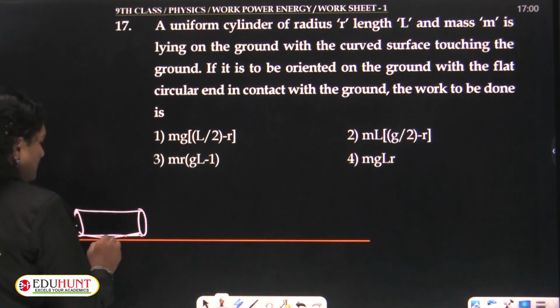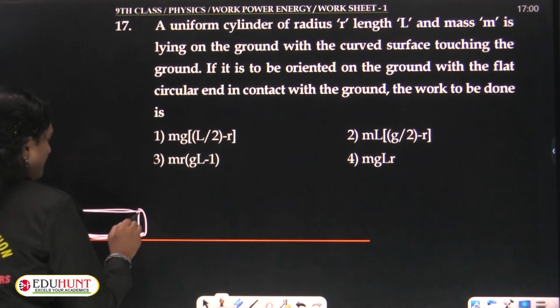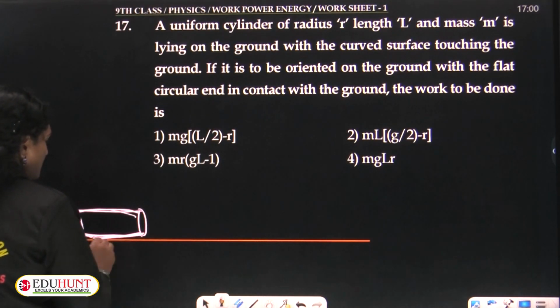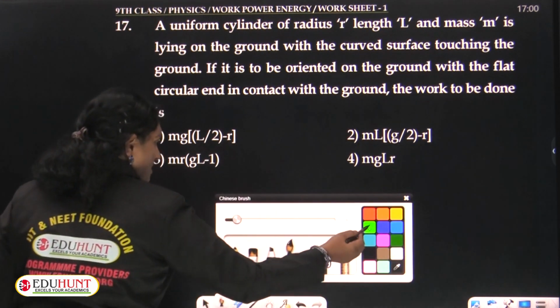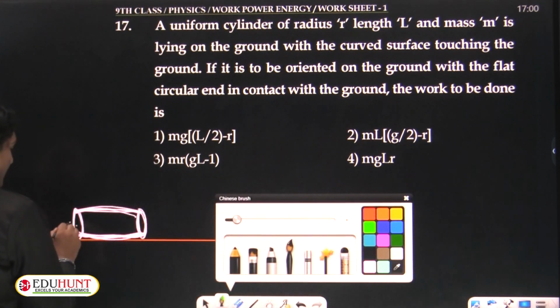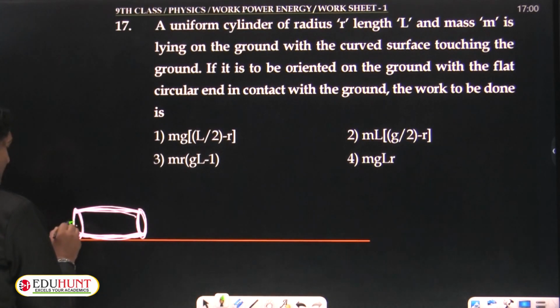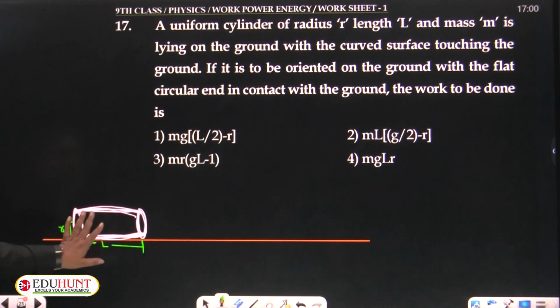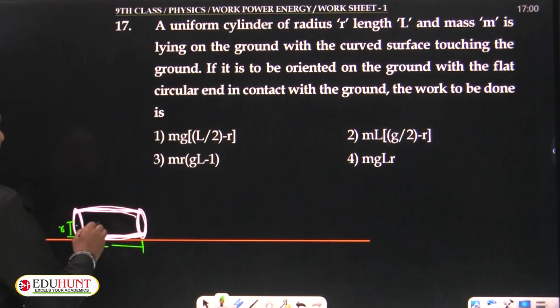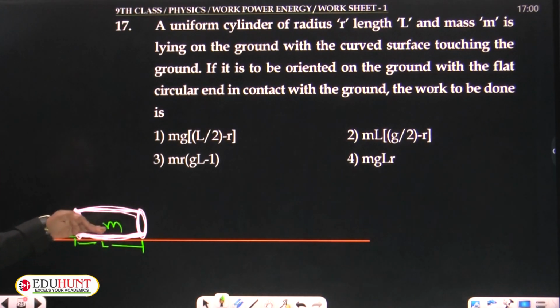So, this is your curved surface. This curved surface is touching the ground, whose radius is given as R, length is given as L. This is what is given, a uniform cylinder of radius R and length L, also having mass M, lying on the ground with the curved surface touching the ground.